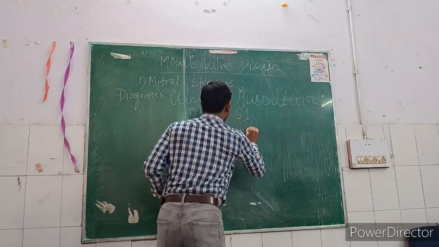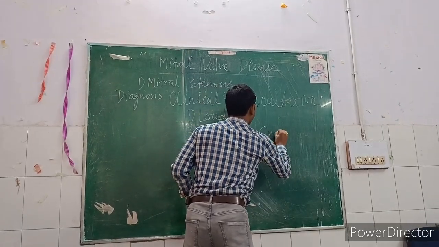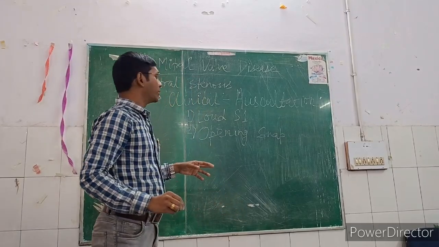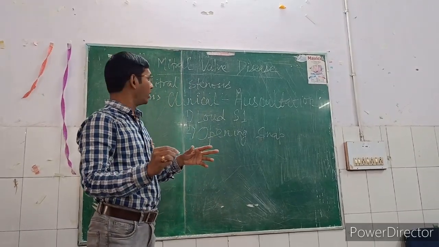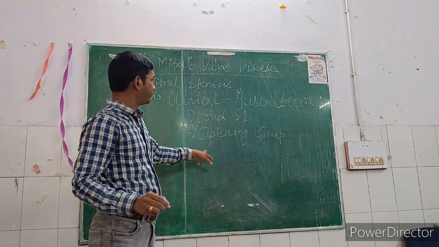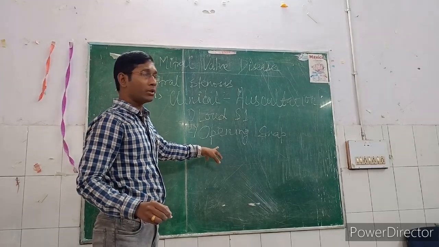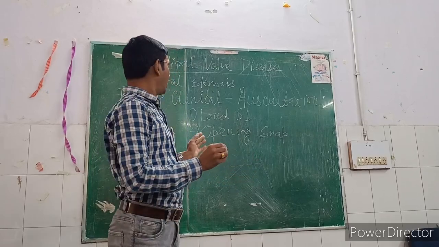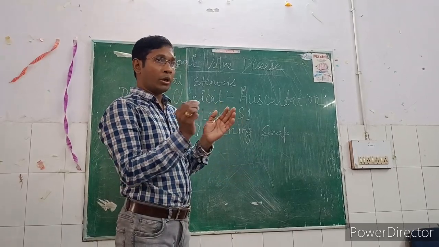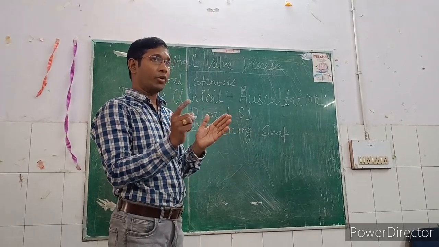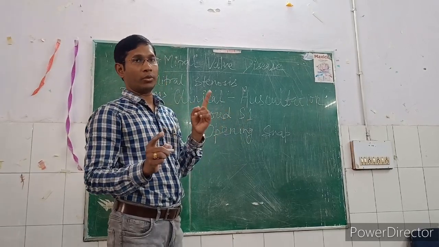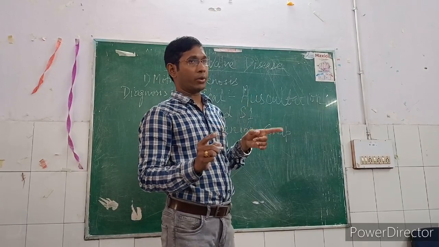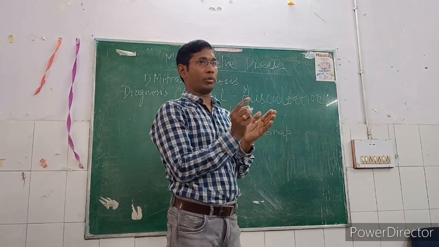Opening snap. Since the left atrium is already dilated in case of mitral stenosis, a sound also appears at the opening of the valve. Normally, heart sounds like S1 and S2 are produced due to closing of the valves.